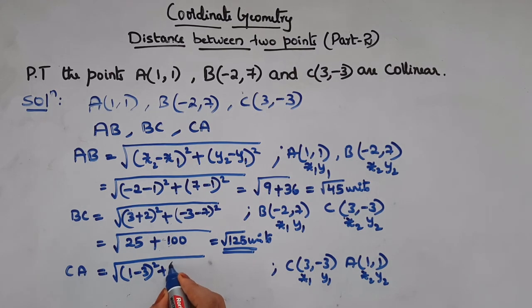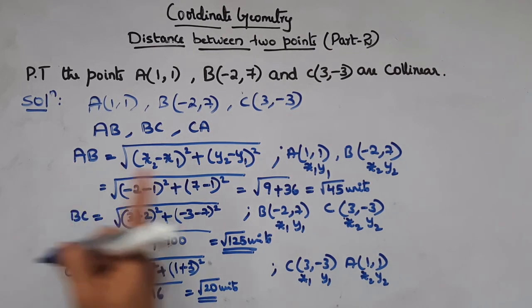Plus, so we have y2 here is 1 minus y1 is minus 3. So minus of minus is plus 3 the whole square, right? Which is equal to square root of 1 minus 3 is minus 2. So minus 2 the whole square is 4 plus 3 plus 1 is 4. So 4 square is 16, which will give you 16 plus 4 is 20, right?